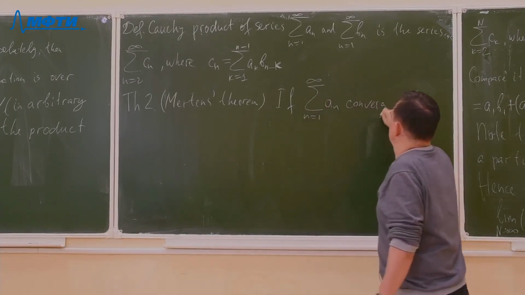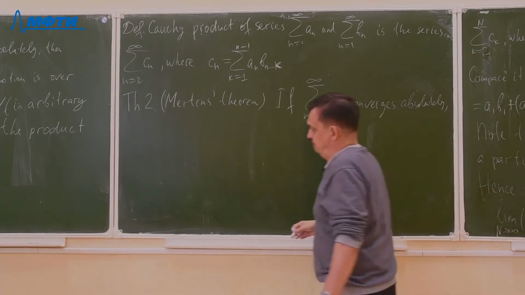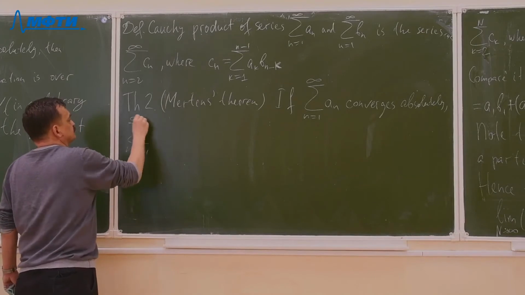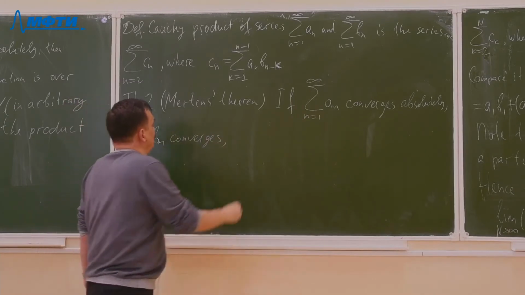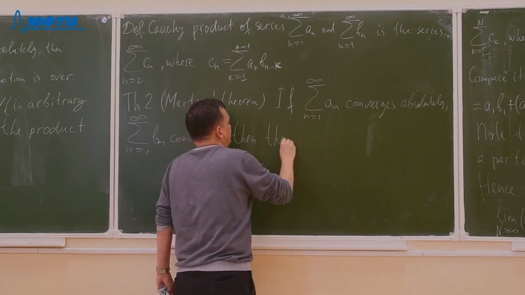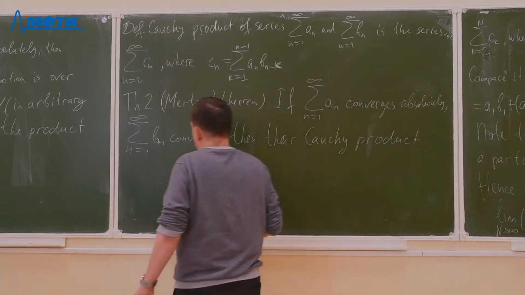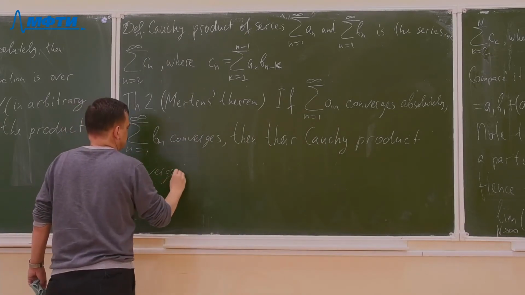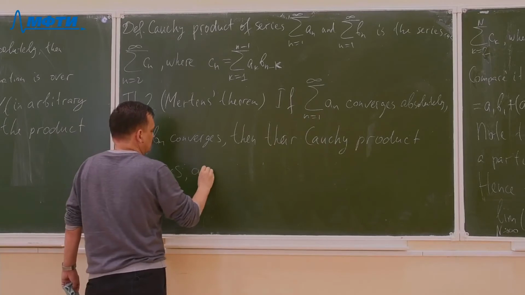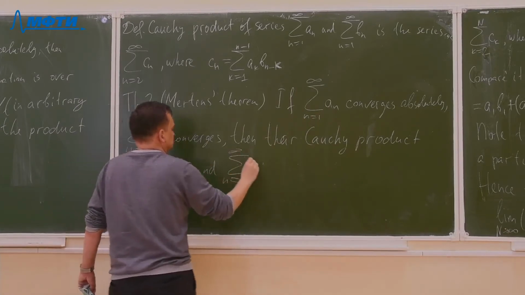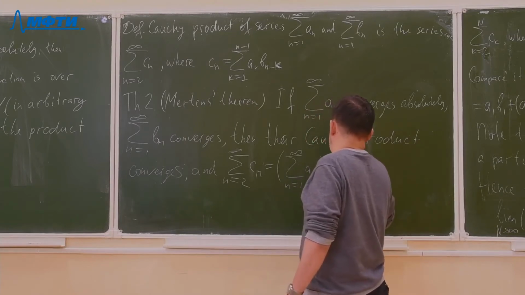So if the series A_n converges absolutely, the series B_n converges, then the Cauchy product converges and the sum equals the product of the sums of those series.